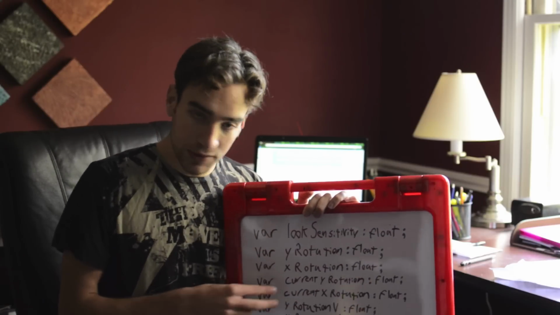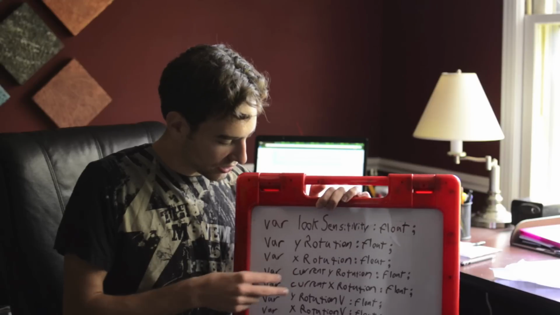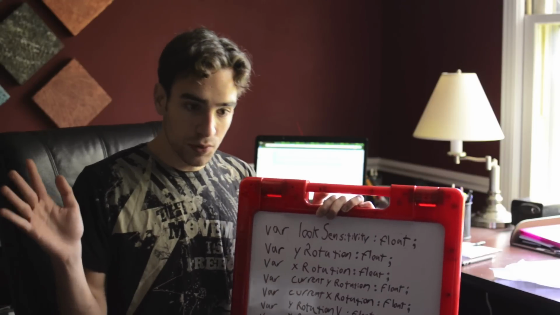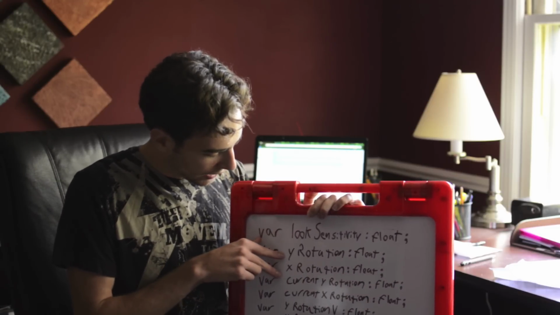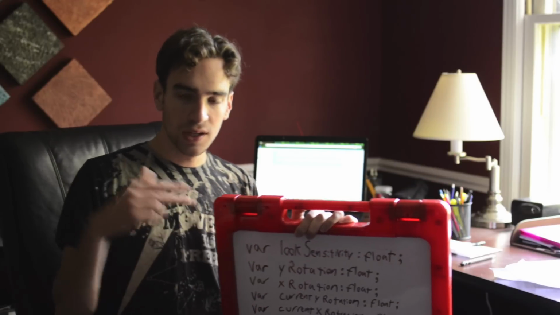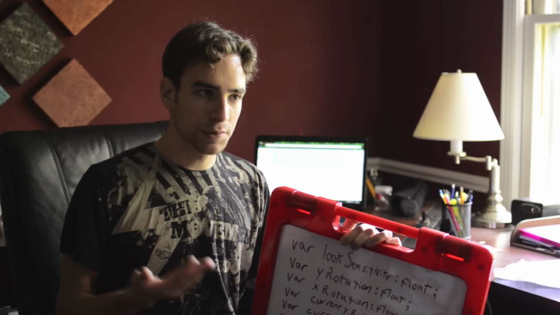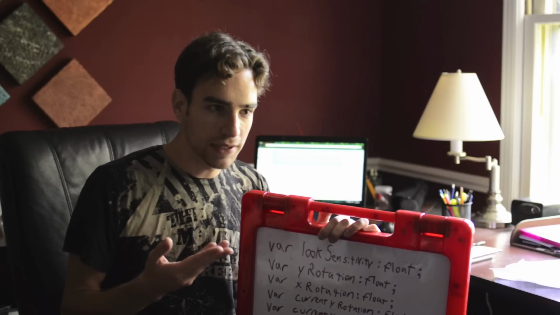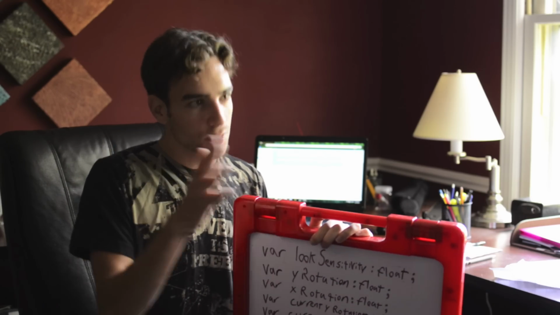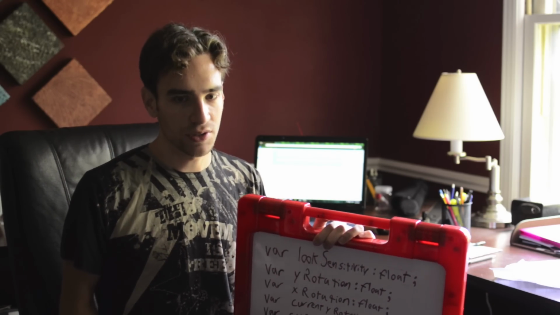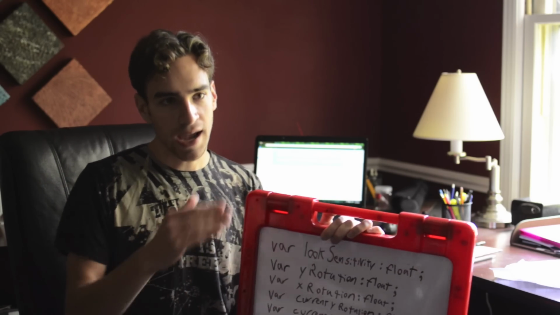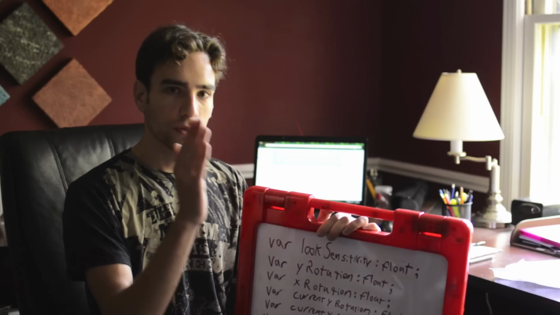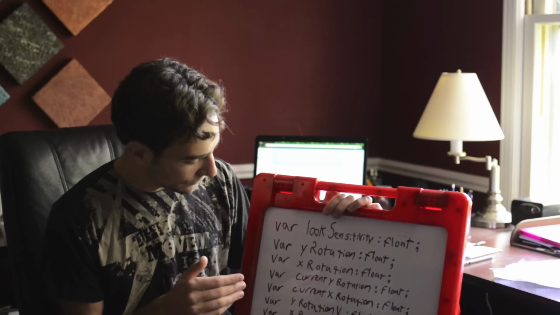So we're going to have a smooth damp function to make current Y rotation and current X rotation smoothly catch up with Y rotation and X rotation. So we might lose a little bit of sensitivity and a little bit of accuracy, but it's going to smooth out the camera and things are just going to look so much better. And we'll be able to adjust how quickly it smoothly moves to our target X and Y rotation.